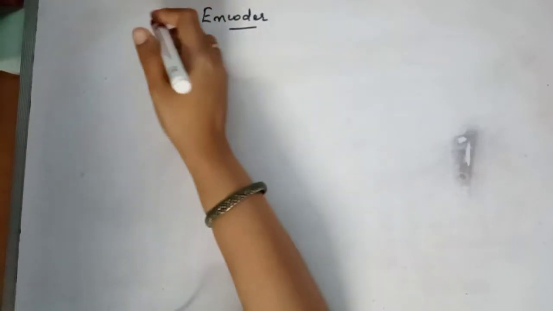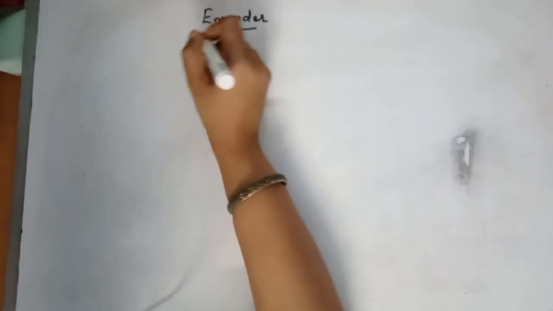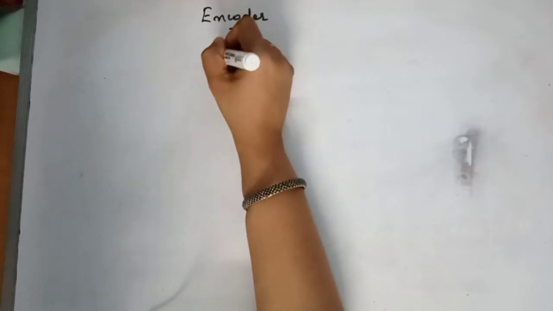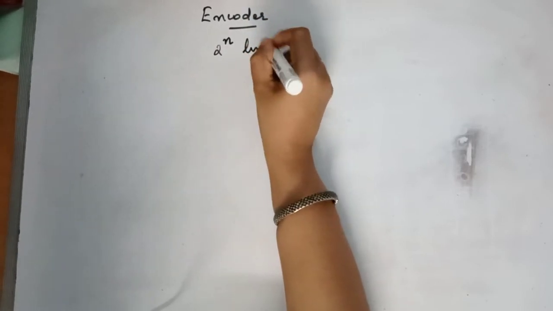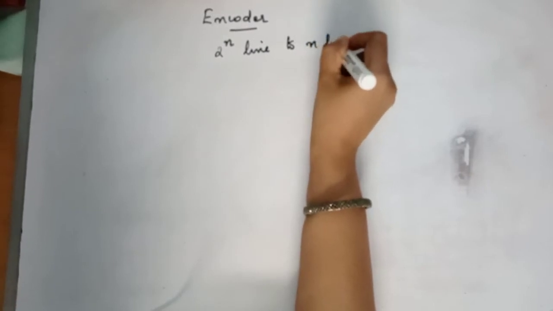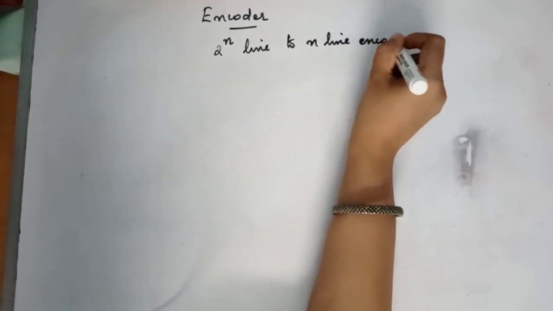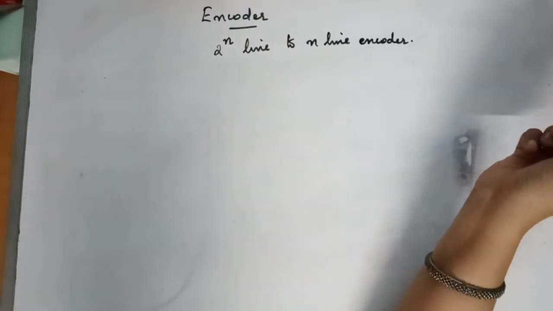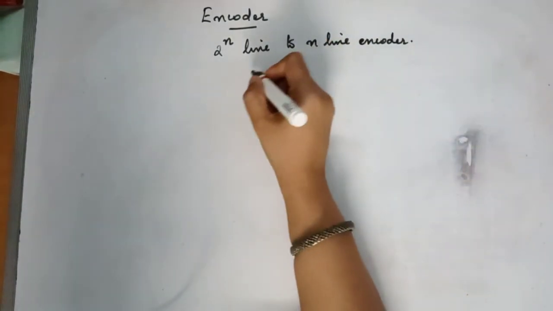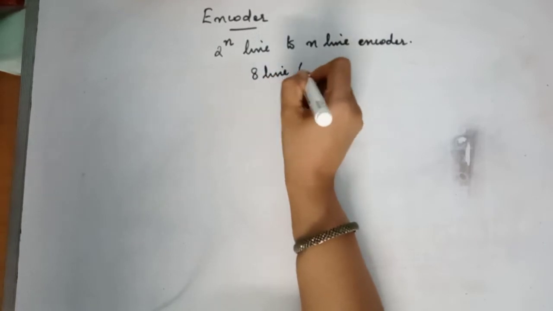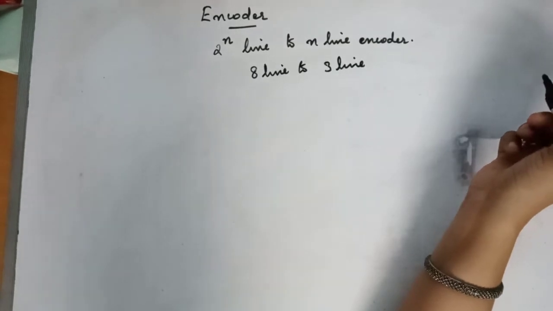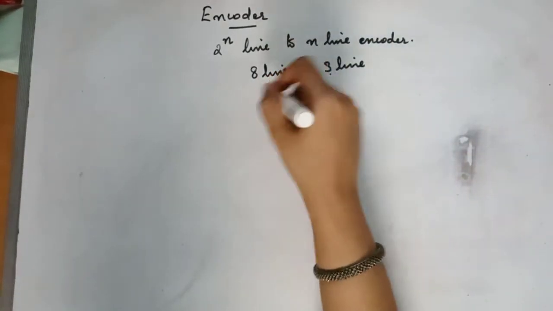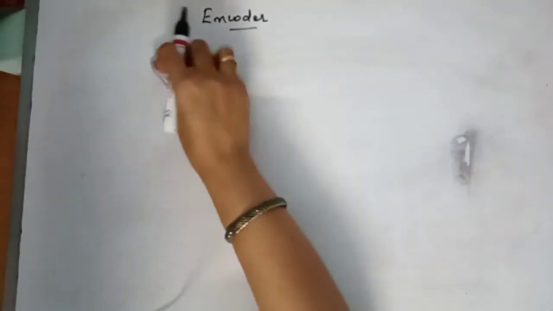If it is n outputs and 2 raised to n inputs, then you can call it a 2 raised to n line to n line encoder. That is one way of calling it. That is, you can say 8 line to 3 line encoder. That is one way of saying it. But it needn't always be 3 and 8. Okay, depends on the circuit.